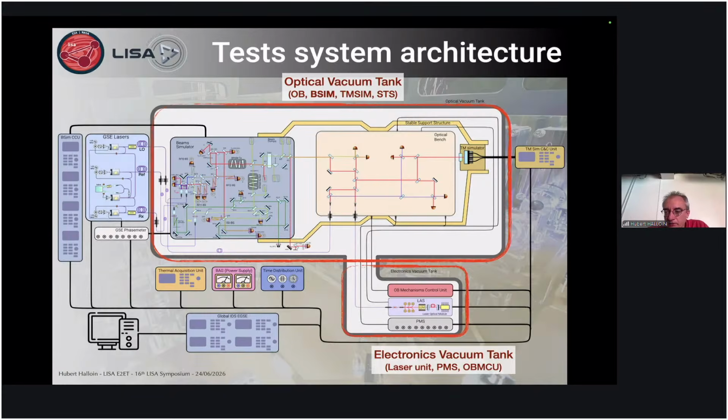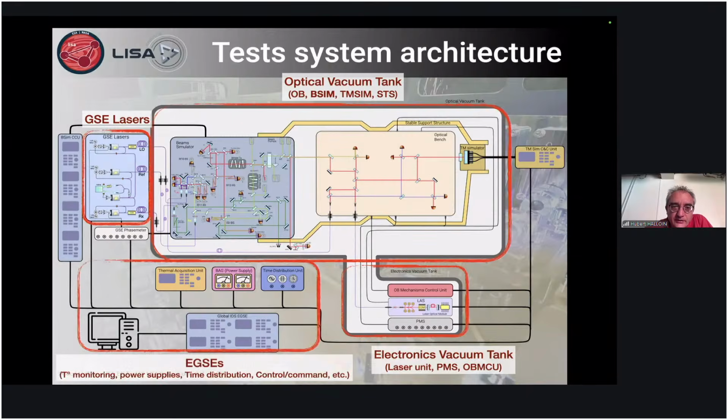So everything here will be put in vacuum, and outside the vacuum chambers, we will have ground support equipments for the lasers, so dedicated laser sources, frequency stabilized laser sources, and a whole bench of electrical ground support equipments to perform the temperature monitoring, to supply the required voltages to all the subsystems, to distribute time with required accuracy and stability, to command control everything.